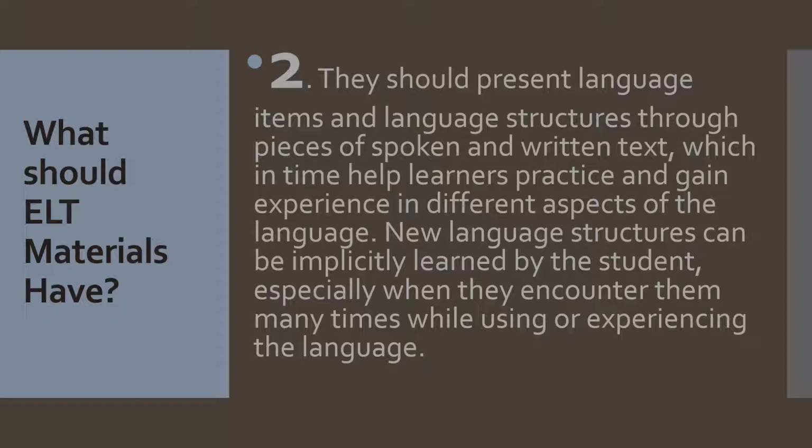So, frequent exposition to language allows students to encounter patterns of language that they little by little identify and become aware of, so that way they learn grammar structures implicitly, or completely unaware, until they become aware of it. Those language structures are found in written as well as in spoken language.